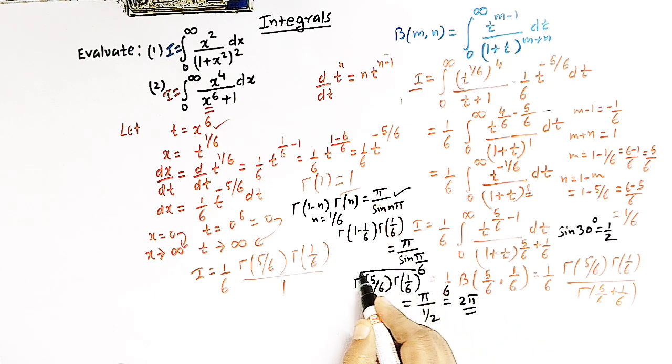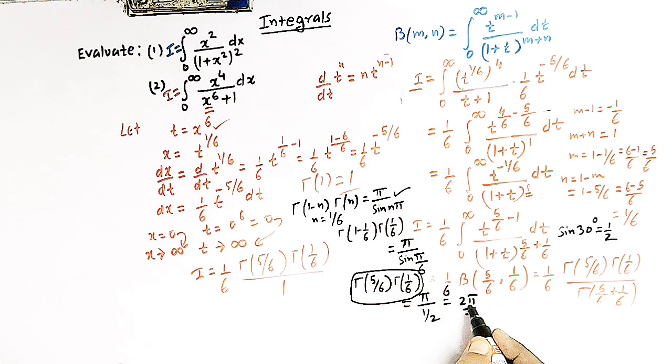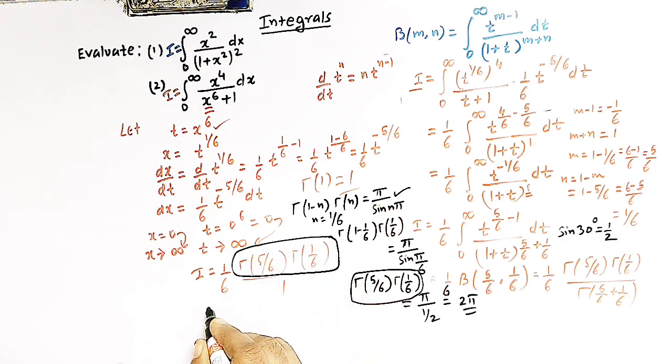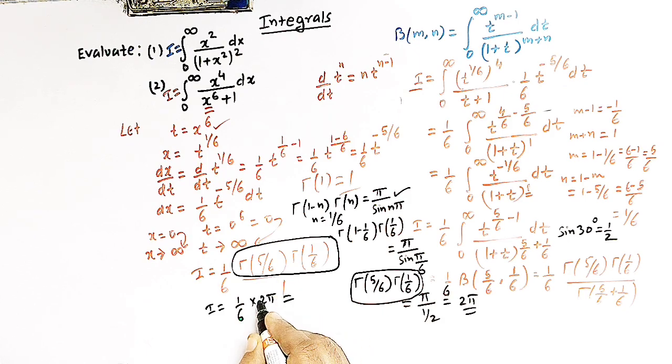So this product, that is gamma 5 over 6 times gamma 1 over 6 is 2 pi. So let us substitute this value over here. So we have I is equal to 1 over 6 times 2 pi, and here 2 times 3 is 6. So we have pi over 3.